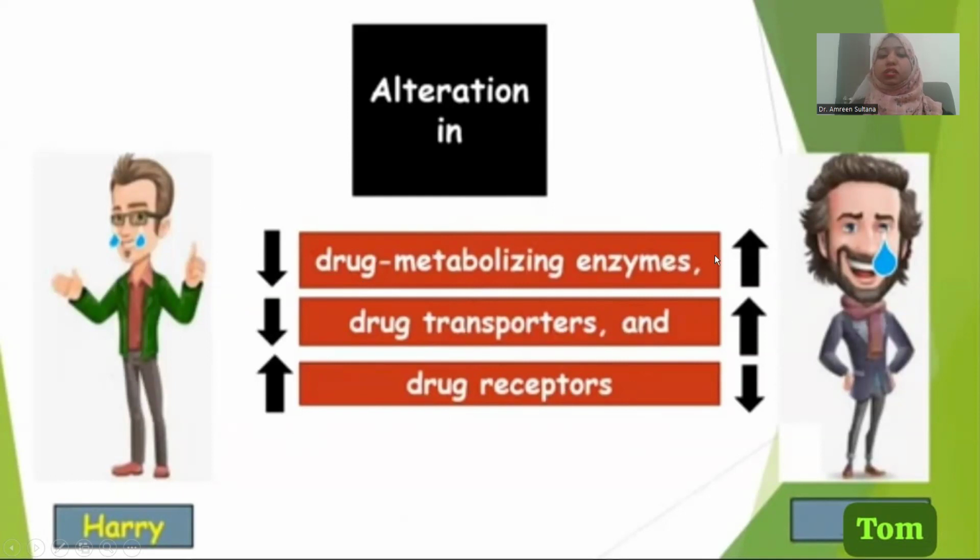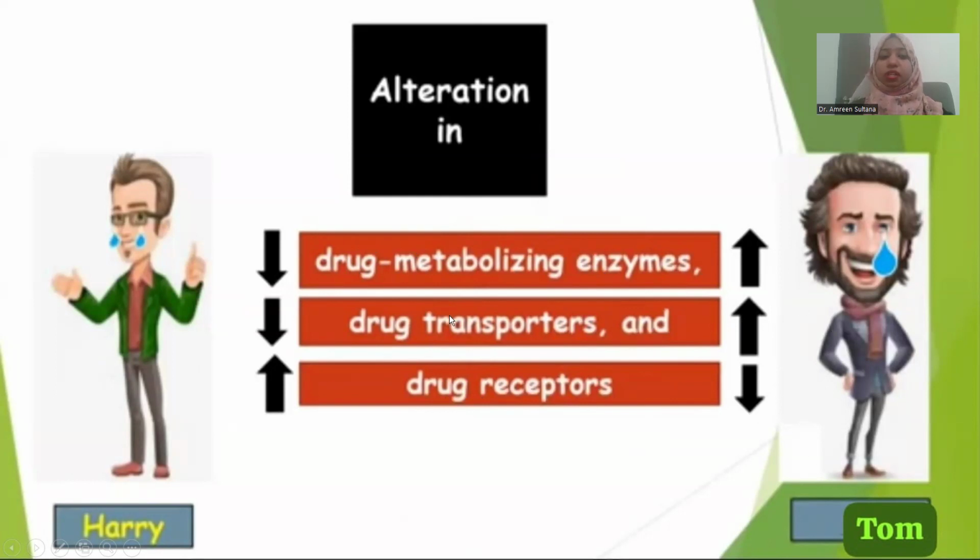In Tom's case, the drug metabolizing enzymes are increasing. It's totally vice versa. Drug metabolizing enzymes increasing means the plasma concentration of the drug is getting increased. For drug transporters, the elimination of the drug is getting increased, but drug receptors are getting decreased in the case of Tom.